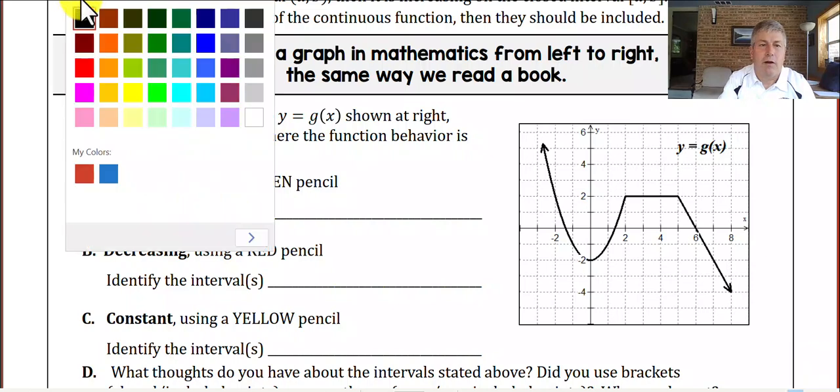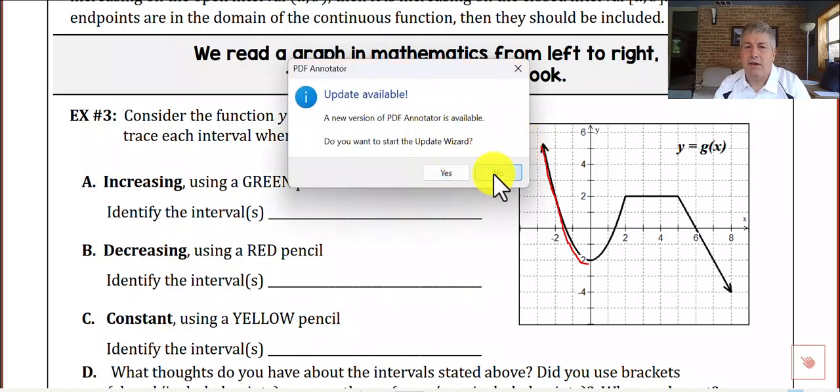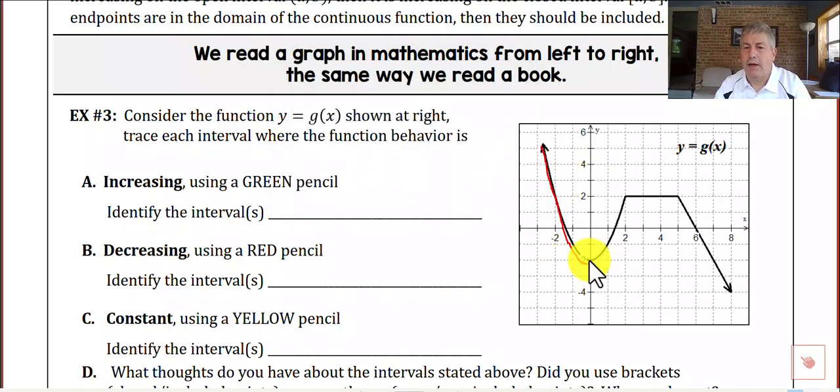So I'm going to use my red pen here, and our function is decreasing in this region here, when we go from negative infinity all the way to 0, and then we have this inflection point here.